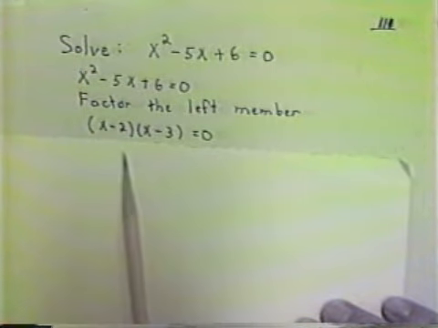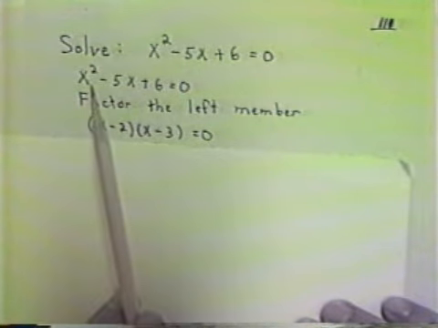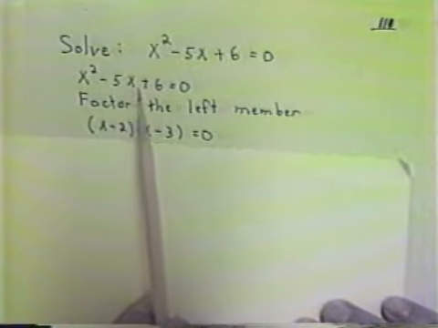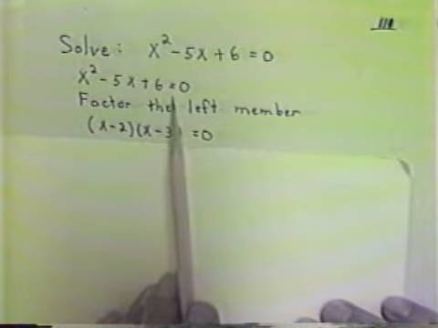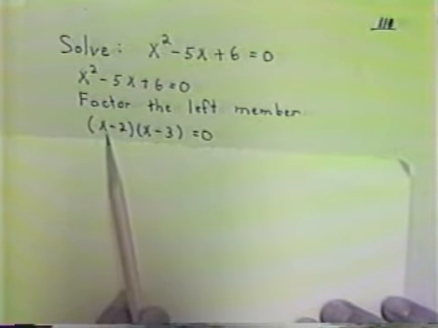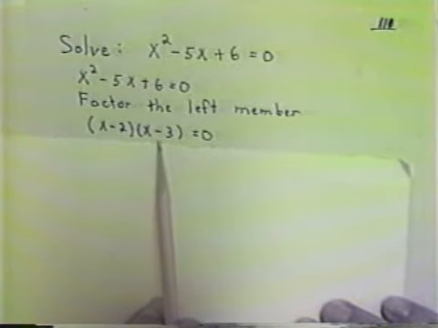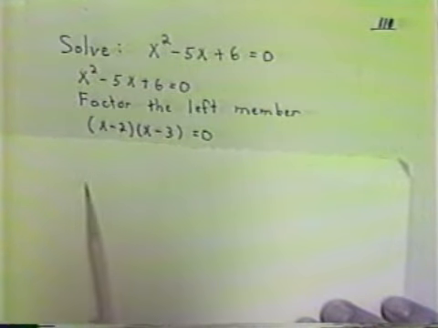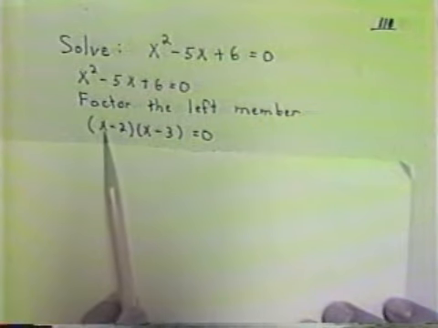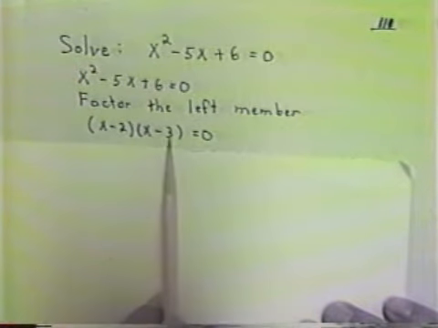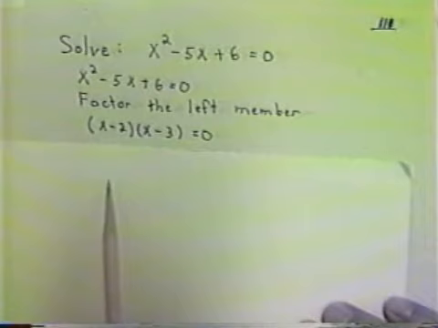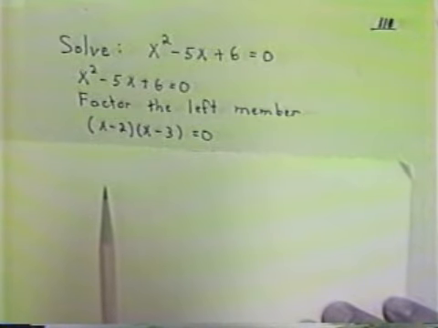So by guess and check factoring, I get x squared subtract 5x plus 6 equals 0 is the same as x minus 2 times x minus 3 is equal to 0. Now let's think a minute. If I'm going to multiply two things together to get 0, one of them must be 0.